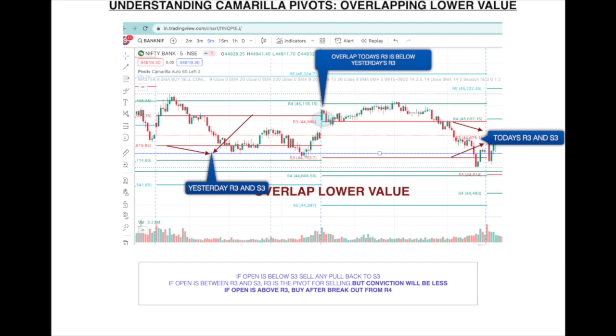As you can see at the end of the day, when the market pulled back to R3, it became a very good selling opportunity, isn't it? Now, what will be the next situation if the market opens below S3? It will be a clear sell on any pullback to S3 for a target of S4 and S5.